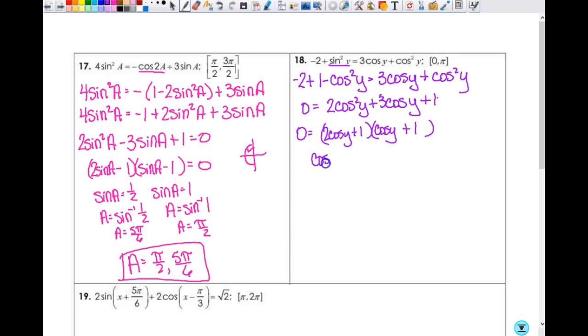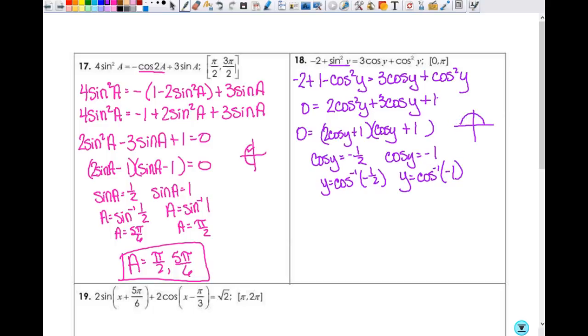So that means that cosine of y is equal to -1/2, and cosine y is equal to -1. So y is equal to the cosine inverse of -1/2, and y is equal to the cosine inverse of -1. We're going from 0 to pi, those two quadrants there.